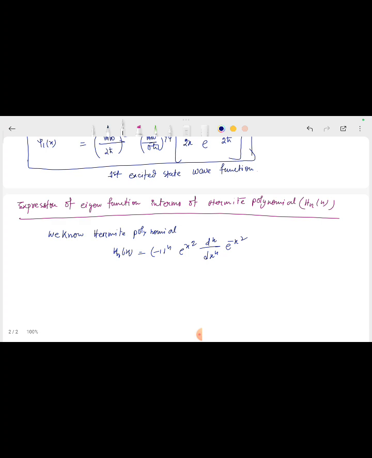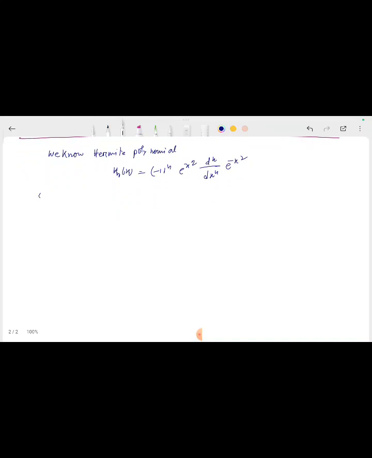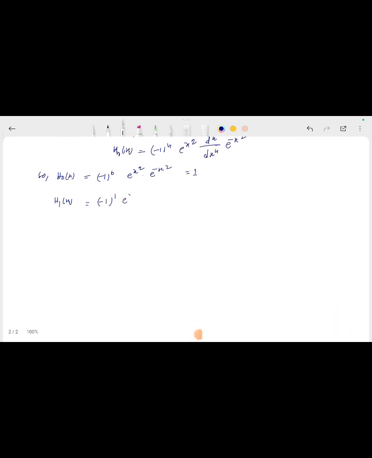So now H_0(x) is equal to (-1)^0 e^(x^2) e^(-x^2), so you get the value equal to 1. Okay, so H_1(x) is equal to (-1)^1 e^(x^2) d/dx e^(-x^2).